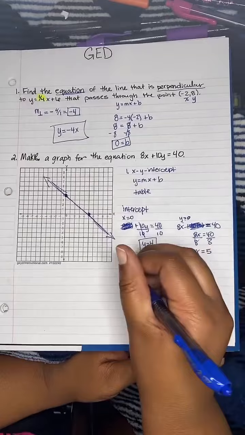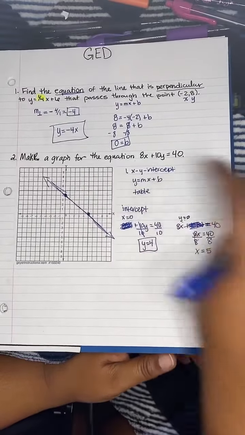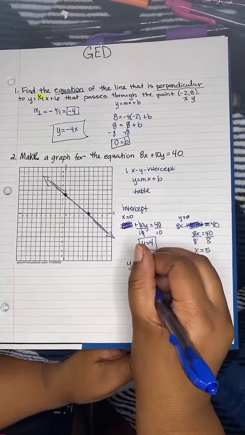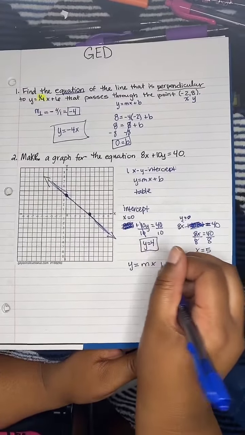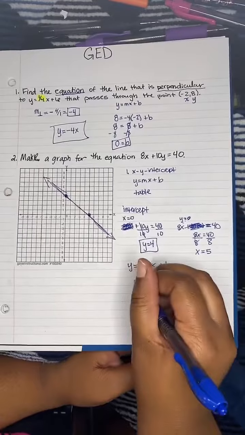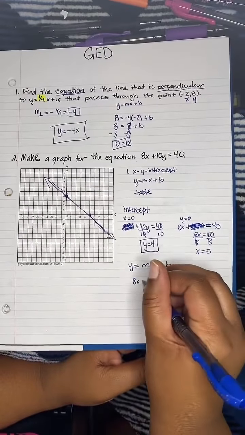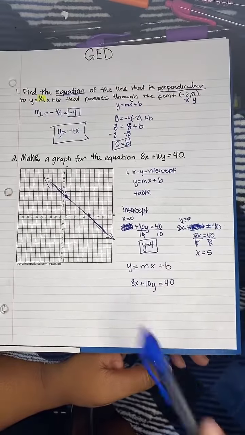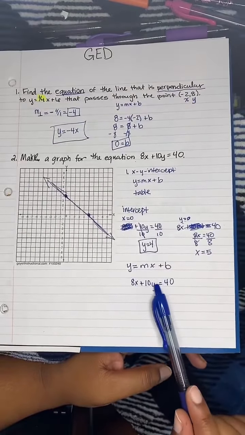Now, let's do the y equals mx plus b way. So here, I'm going to write y equals mx plus b. They gave me 8x plus 10y equals 40. I want to solve this for y.